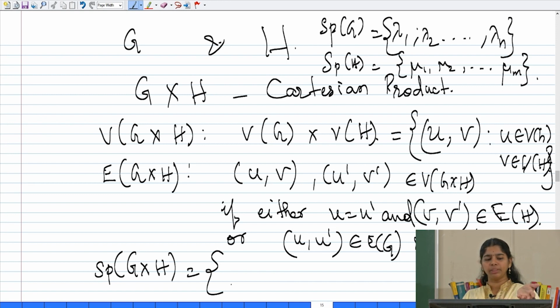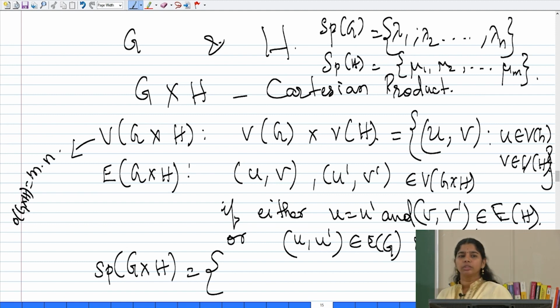If there are n elements in G, m elements in H, then G cross H has mn vertices, right? So the number of elements is m into n here, right? So we should have m into n spectral values, right? Eigenvalues are there. So what would be that?